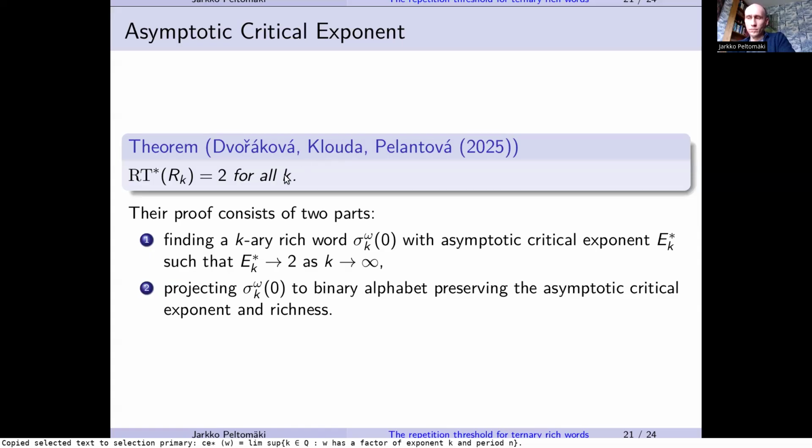First of all, or yeah, two points that they prove from which this follows.